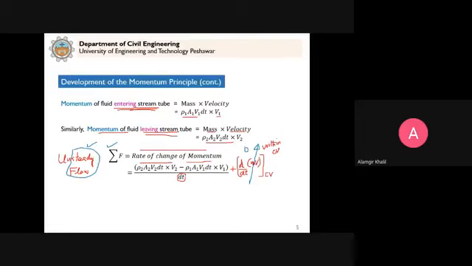So it means that for unsteady flow, the net force on the fluid mass is equal to the net rate of outflow of momentum across the control volume.